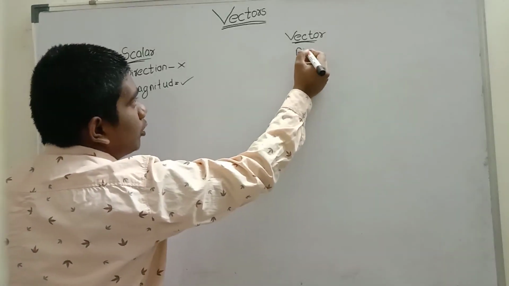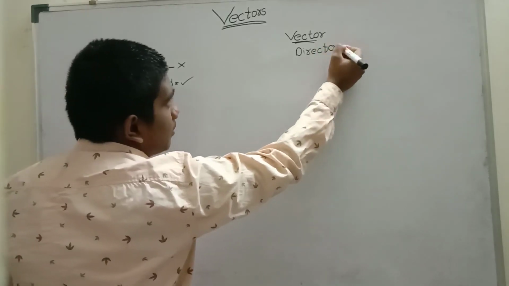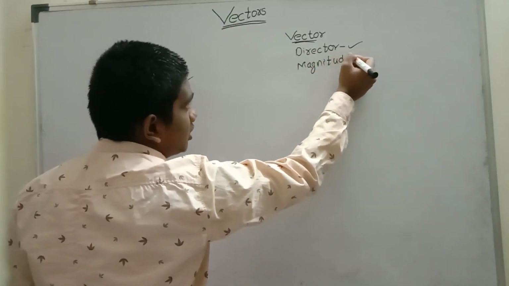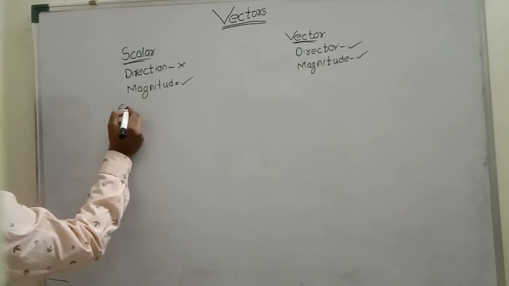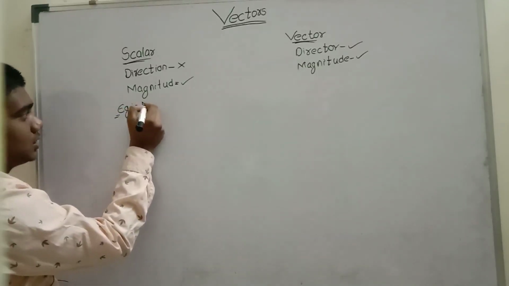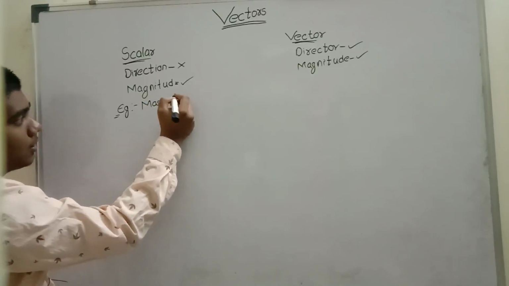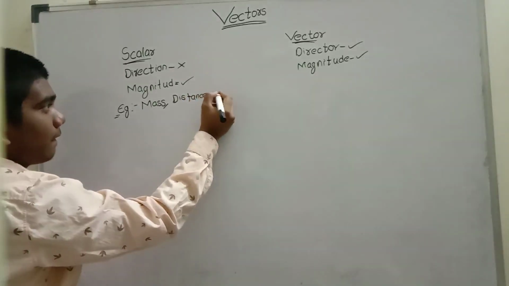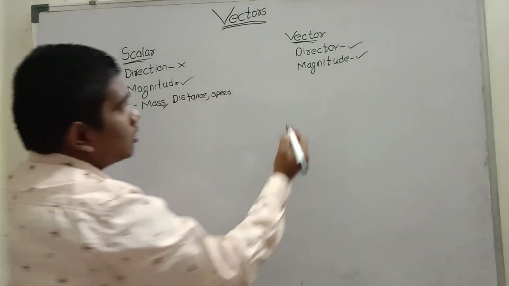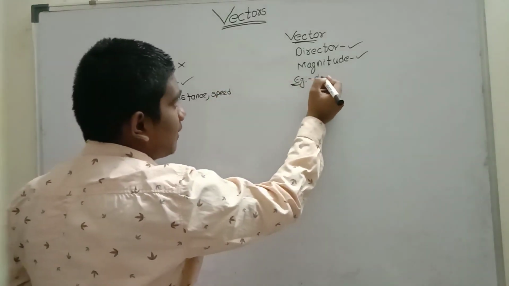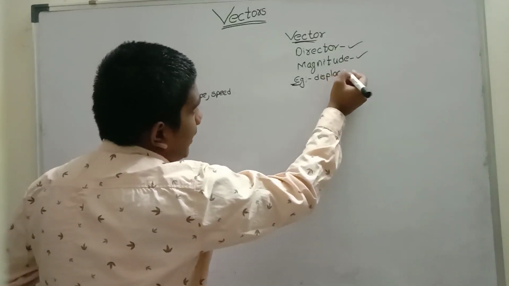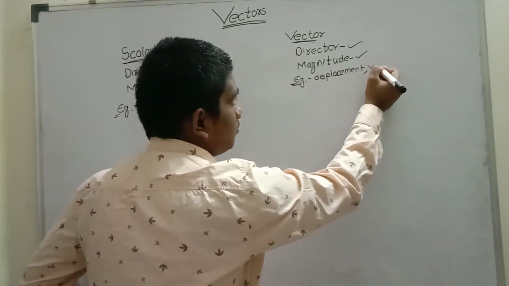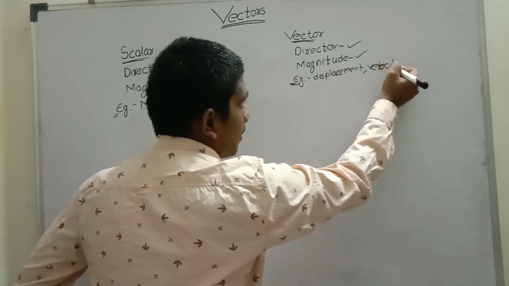Whereas vector means both direction and magnitude are there. Scalar examples: mass, distance, speed, etc. Vector examples: displacement, velocity, etc.